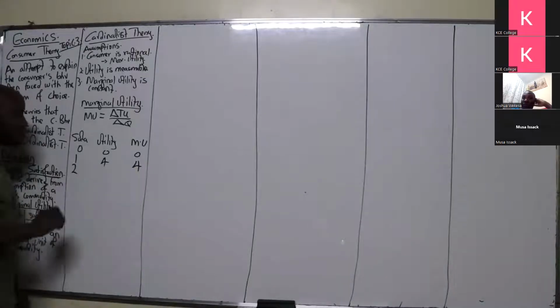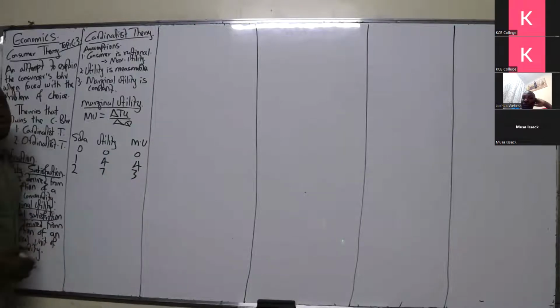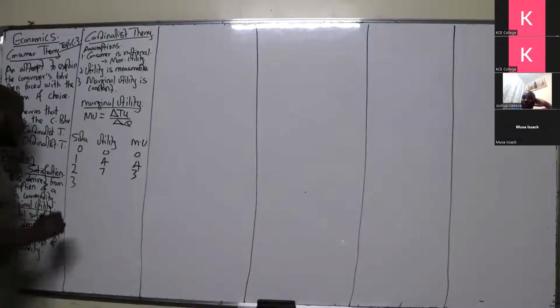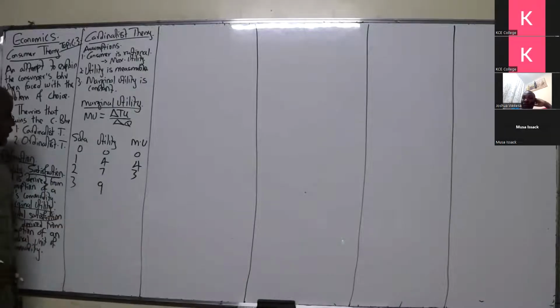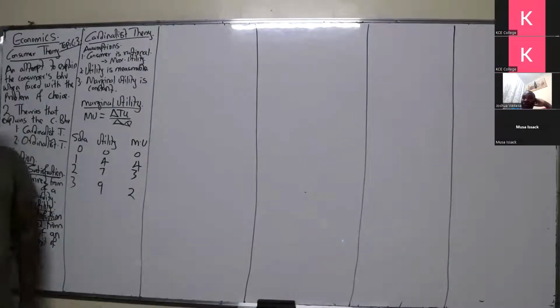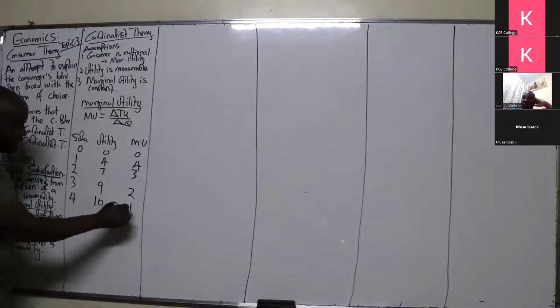If you consume 2, the utility shall be 7, and the marginal utility will be 3. It will start to decrease. If you consume 3, this shall be 9, and this shall be 2. If you consume 4, this can be 10, and this shall be 1.